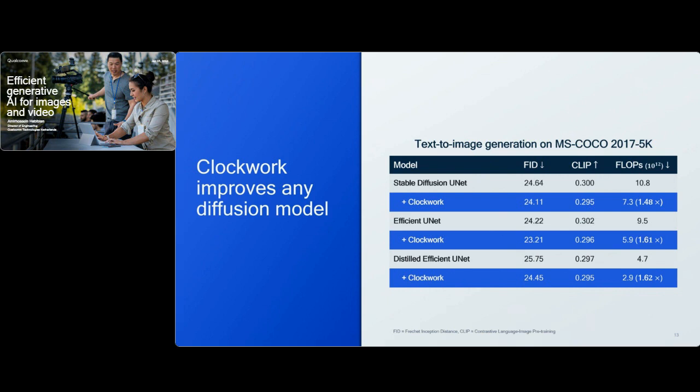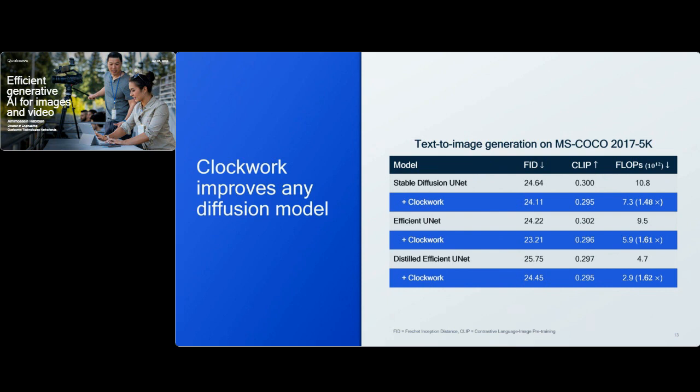So when we do Clockwork at the same FLOP rate, we run the shallow part more frequently than the baseline because it's cheap, so we can afford to run it more, which leads to higher details and sharper images. That's why it surprisingly even increases the quality.